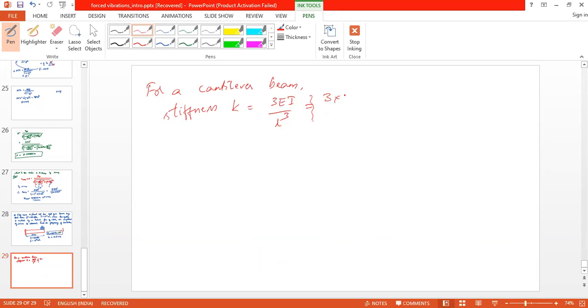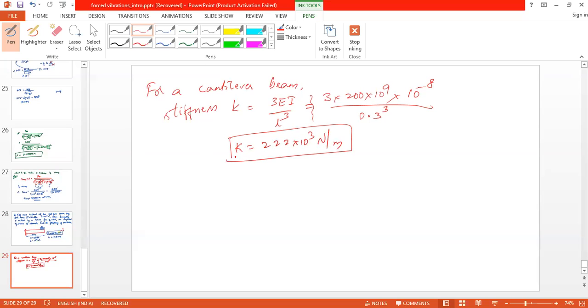So what is the stiffness? E is 200 gigapascal, so it is 200 into 10 power 9 multiplied by I, which is 10 power minus 8, and L is 300 mm, which is 0.3 cube. So the stiffness is 222 into 10 power 3 Newton per meter.